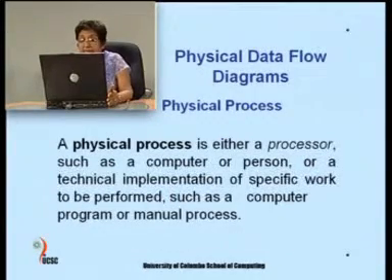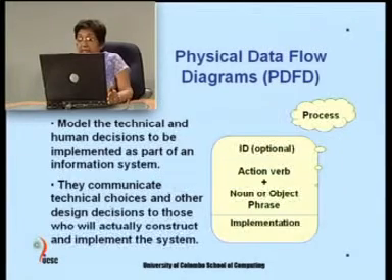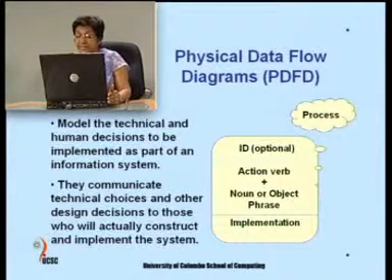So, a physical process can be either a processor, that is a computer processor, the CPU in the computer, or it could be a person, or it could be a technical implementation of specific work to be performed, such as a computer program, or it could be even a manual process. Now, in the logical data flow diagrams, we didn't mention any of these things in the process.